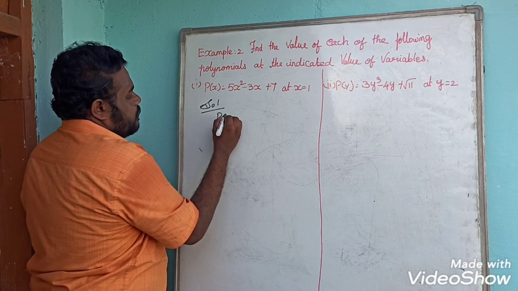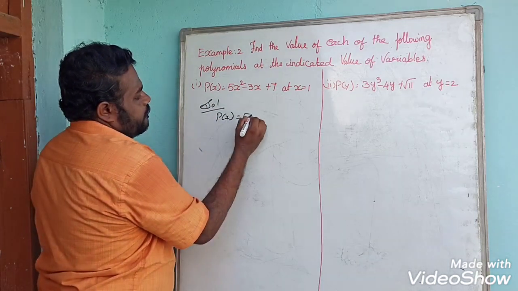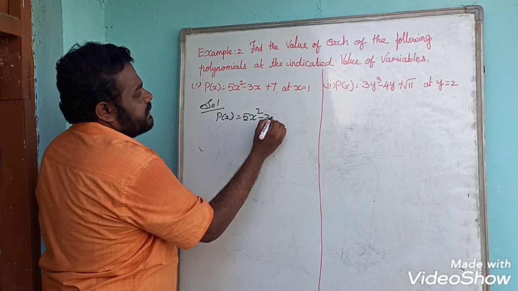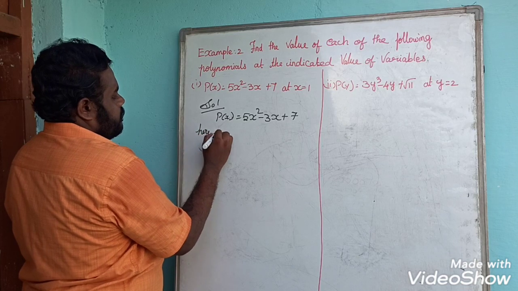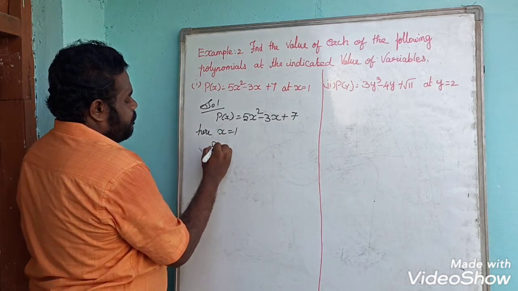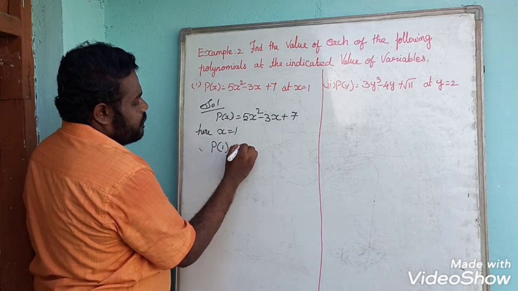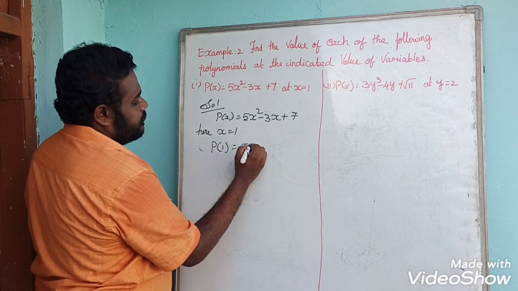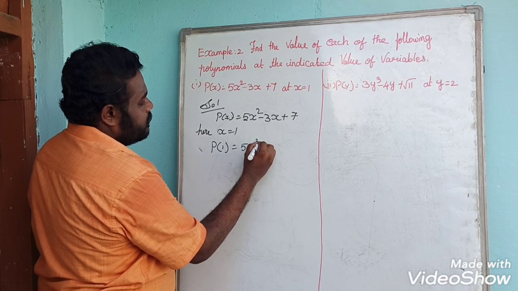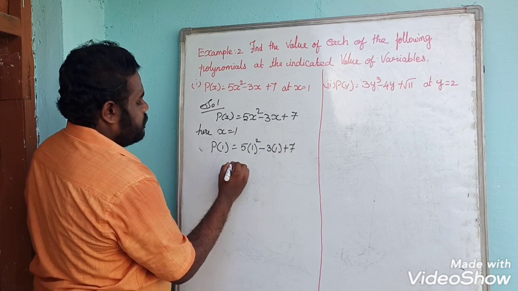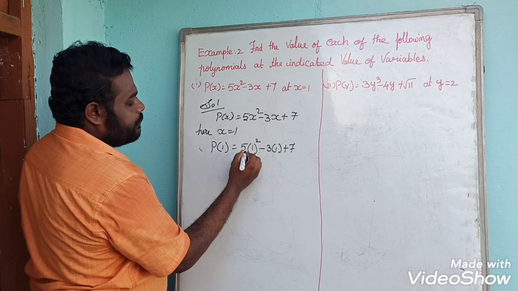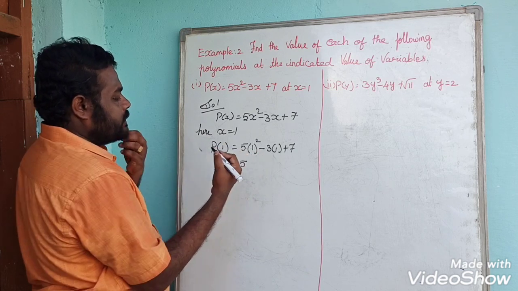Solution. So p of x equal to 5x square minus 3x plus 7. Here x equal to 1. So p of 1 is equal to 5 into 1 whole square minus 3 into 1 plus 7. Here 5, this should be in multiplication. So 1 square we get 1.